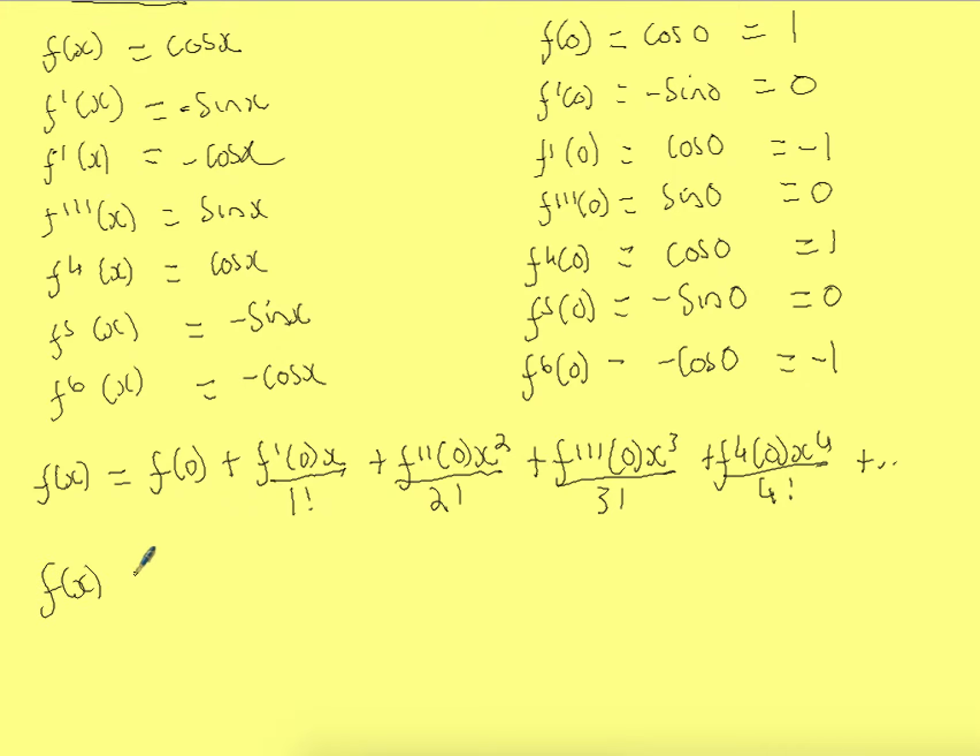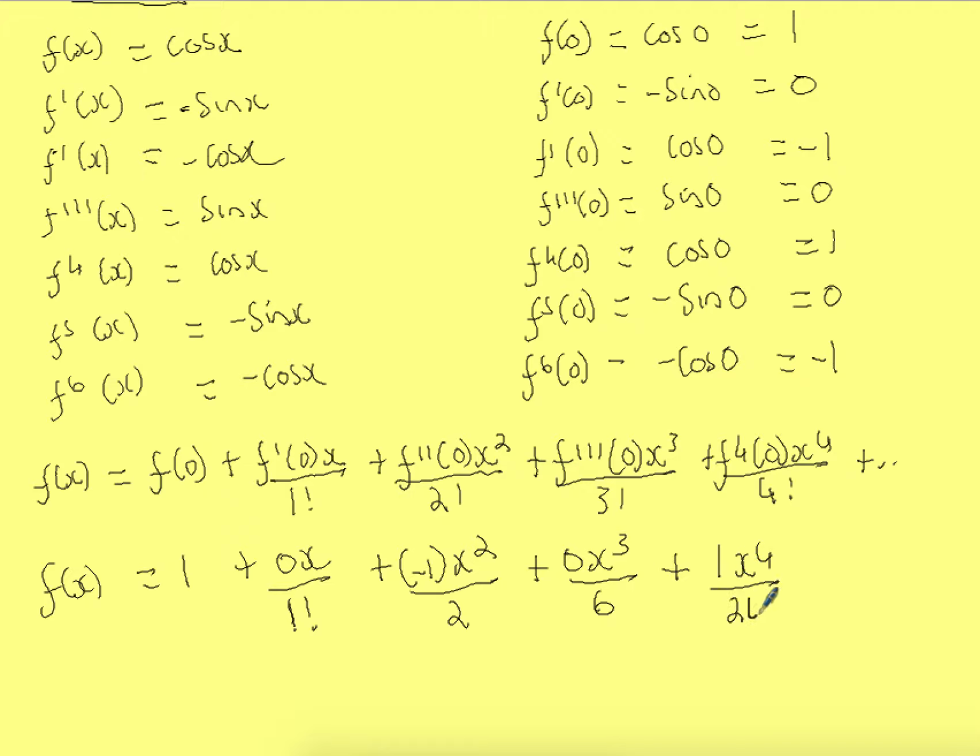So that means f of x is 1 plus 0x over 1 factorial plus negative 1x squared over 2 factorial, which is 2, plus 0x cubed over 6 plus 1 x to the power of 4 over 24 plus 0 x to the power of 5 over 5 factorial, and 5 factorial is 120, plus negative 1 x to the power of 6 over 6 factorial, which is 720.